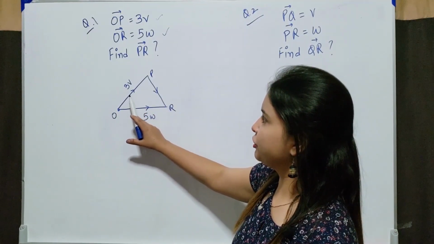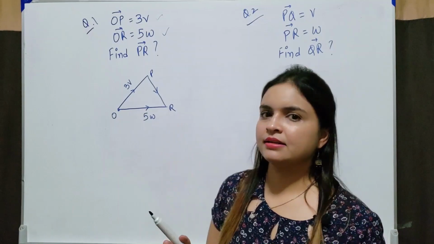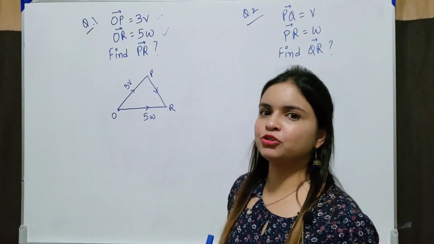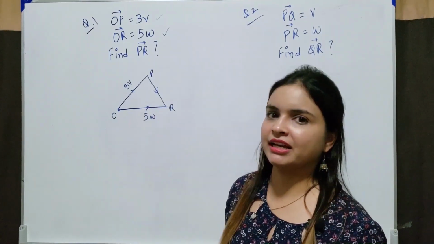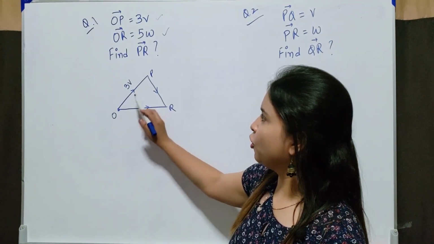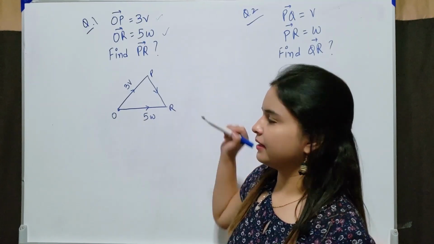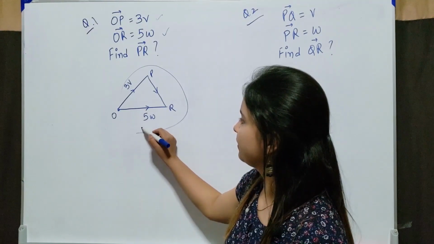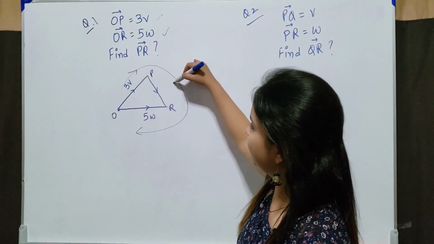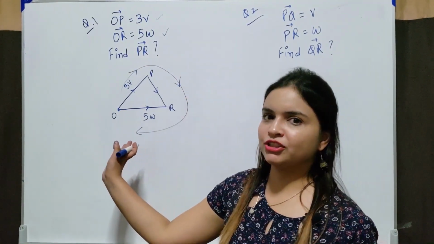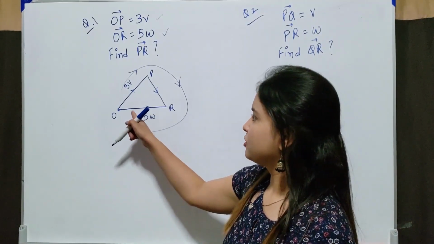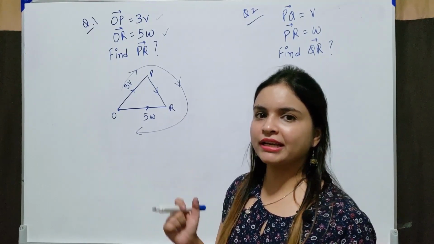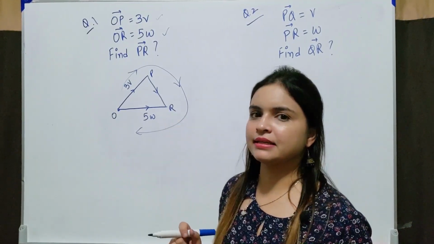Look for any two vectors going in the same direction. I can see OP and PR. They are going in the same direction, which is clockwise. So the third side of the triangle, going in the opposite direction, is the resultant.